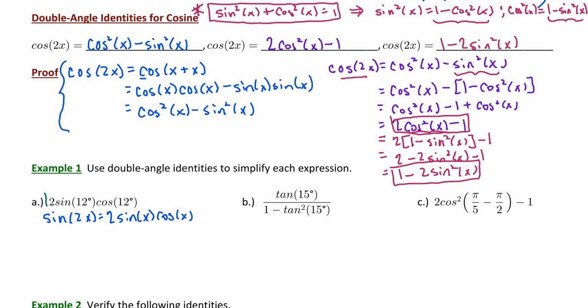The form of the example matches the form of the expansion of our double angle identity for sine. So we can condense it into sine of 2 times x. Notice these arguments are both 12. If x is 12, then 2x is going to be 24. So we can rewrite this expression as sine of 24 degrees.